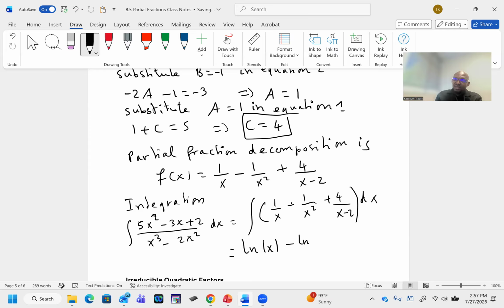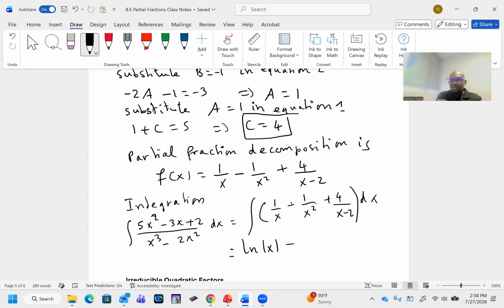And what is 1 divided by x squared, the antiderivative of 1 divided by x squared is, since it's negative, the antiderivative of negative 1 divided by x squared, you cannot say that is ln, right?